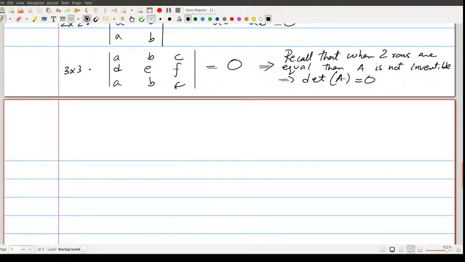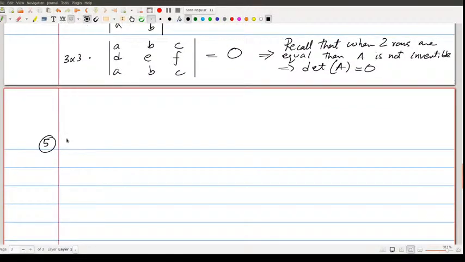Okay, next property. Property 5 of determinants: elimination. This is something we've been doing in Gaussian elimination, where we eliminate some variables. The elimination steps are of the form row j minus alpha times row i.